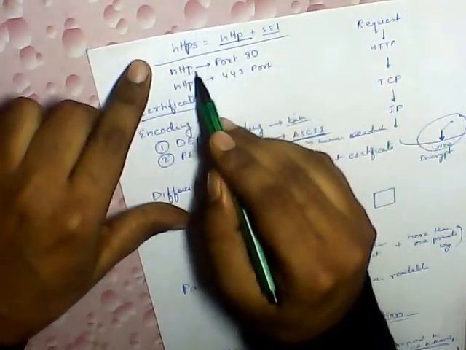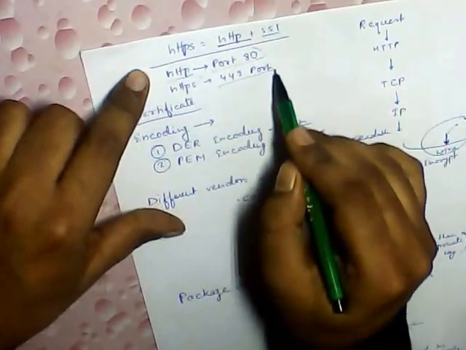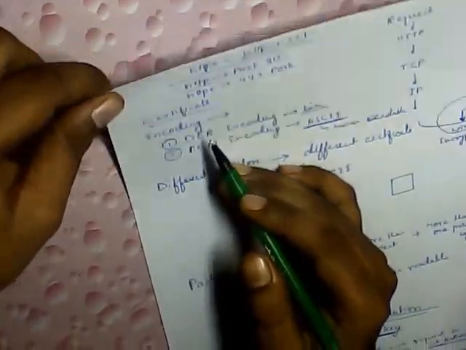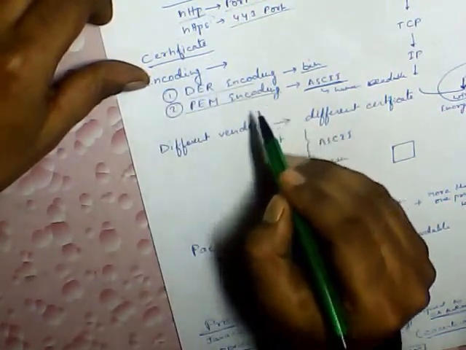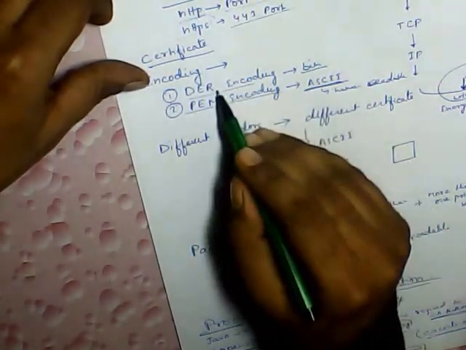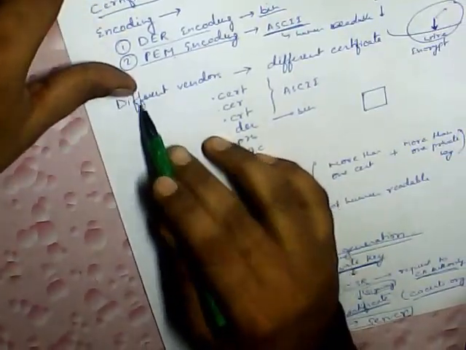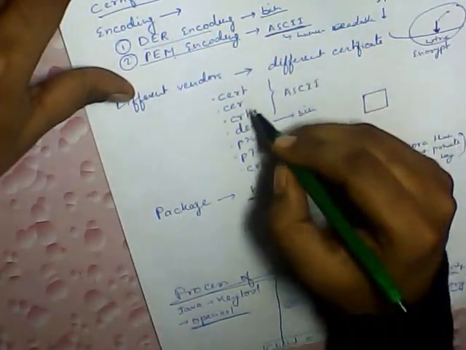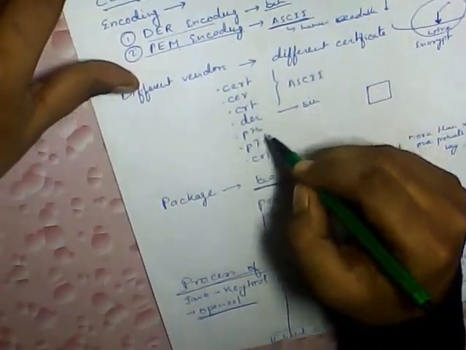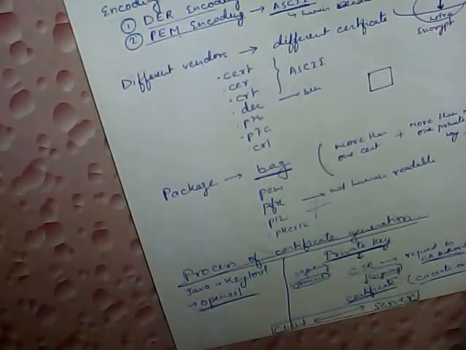Let's revise. We started with HTTPS and said it is HTTP plus SSL. If it is an HTTP connection, it goes to port 80. If HTTPS, it goes to port 443. Now for certificate encoding, we saw DER encoding and PEM encoding. PEM encoding is for ASCII, DER encoding is for binary. Next we learned that different vendors give different certificate extensions like CERT, CER, CRT, DER, P7B, P7C.